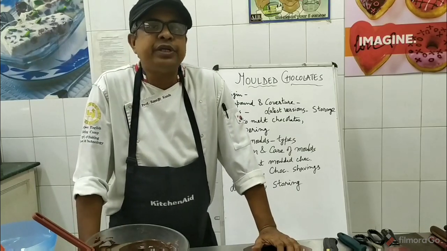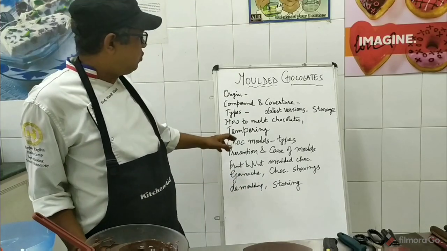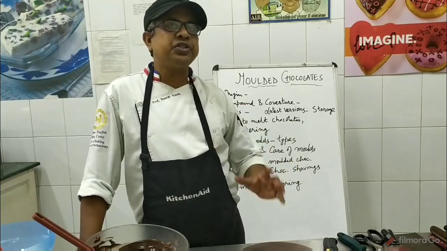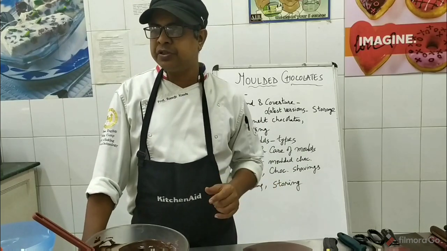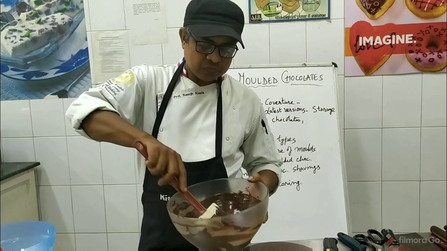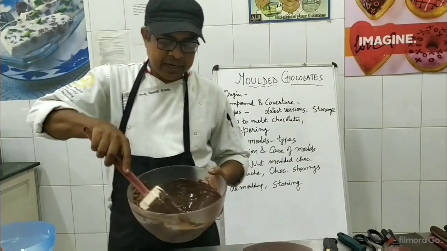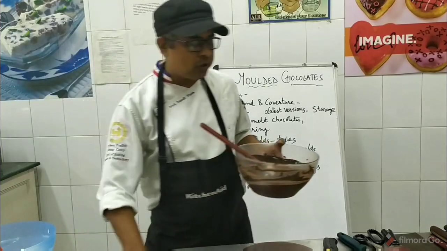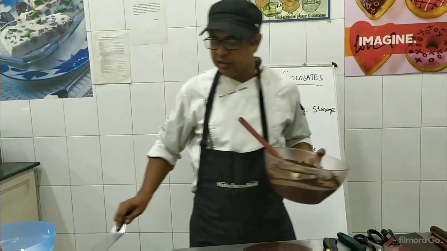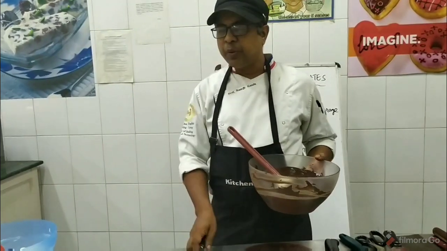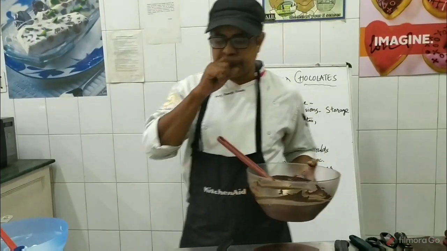Couverture chocolates you will have to temper. Now, when we use this word tempering, we have to understand what it means. Tempering means we have the melted chocolate, and we put it on the table, and using a spatula we rub it and bring the temperature down.